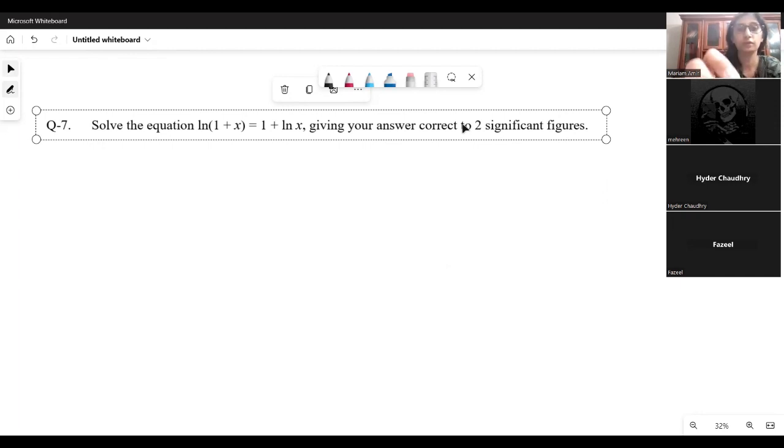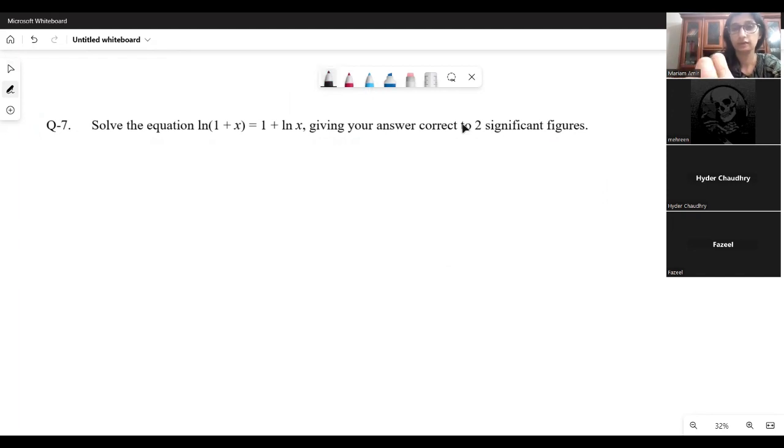Going to write the final answer here. x equals 0.58.